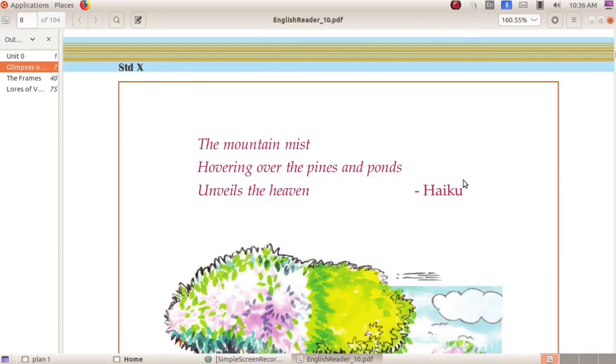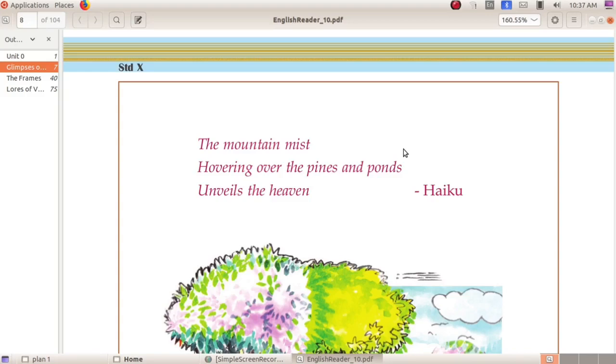On the next page of your textbook, you can see a 3-lined something. What is that something? There are only 3 lines, and on the right side of those 3 lines, you can see a word. What is the word? Haiku.